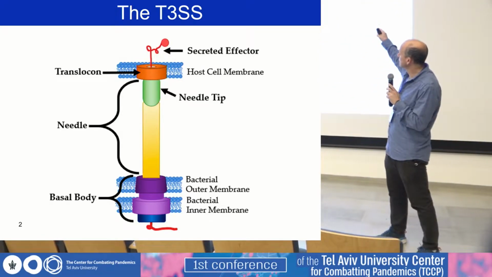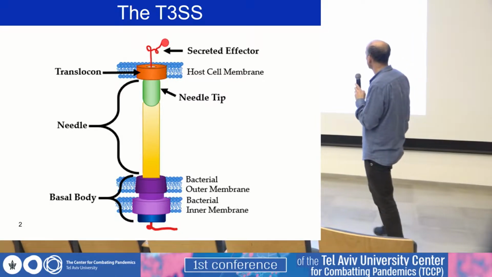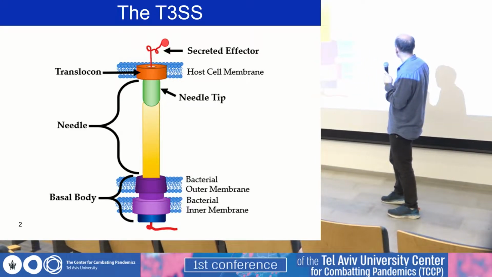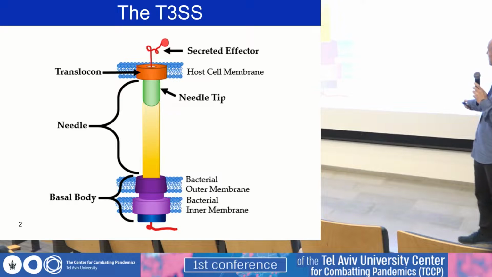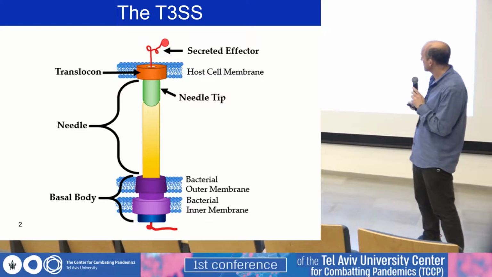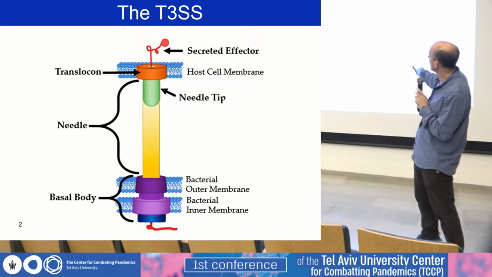And what you see here is a syringe. It's a type 3 secretion system. This is the, let's see if I have a pointer here. Yes. This is the bacteria, gram-negative bacteria have two membranes, the inner membrane and the outer membrane. And this syringe is going from the bacteria membranes all the way to the host.